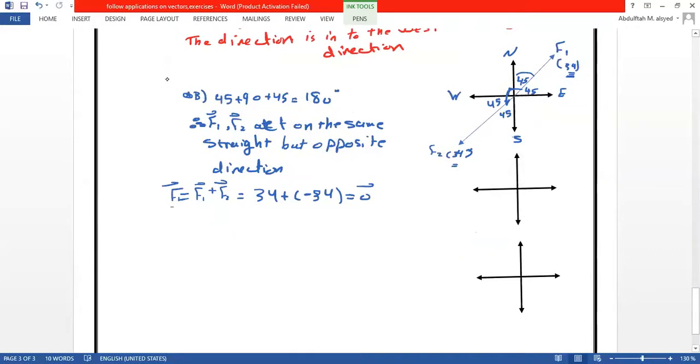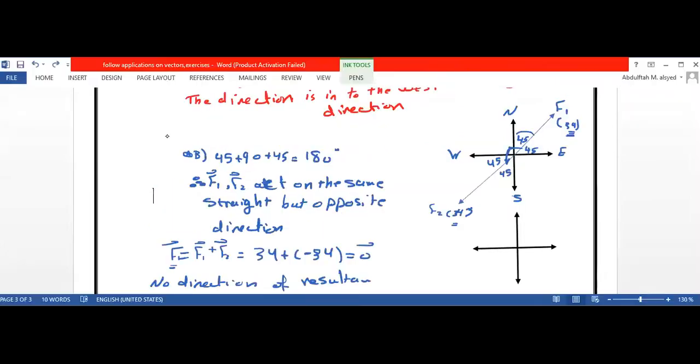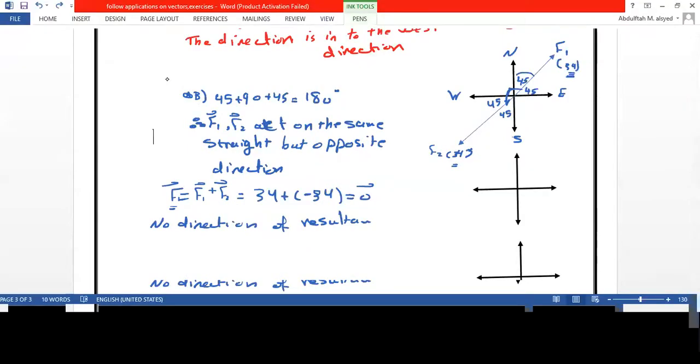So the resultant equals 0, and there is no direction for the resultant, because it will be at rest. Okay, so equals 0.